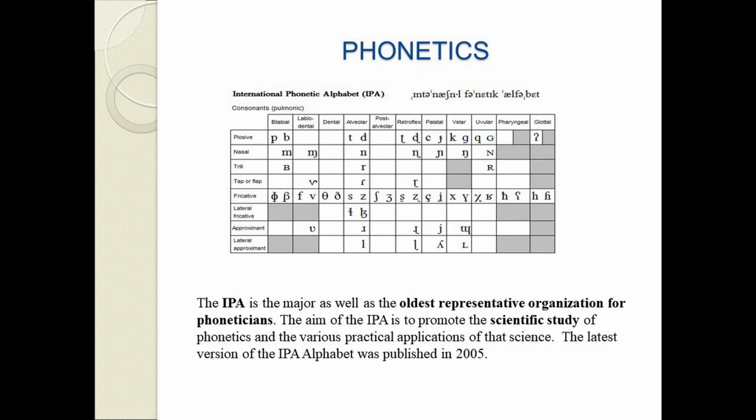Okay, so let's talk a little bit more about phonetics. We have here the image of the phonetic alphabet, right? The International Phonetic Alphabet is considered to be the oldest representative organization for phoneticians. So phoneticians are the people who study phonetics, right? It's considered to be a scientific study of phonetics, and it shows the different sounds that can be pronounced by human beings.